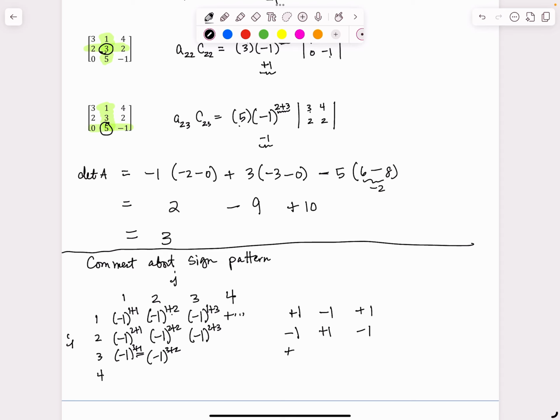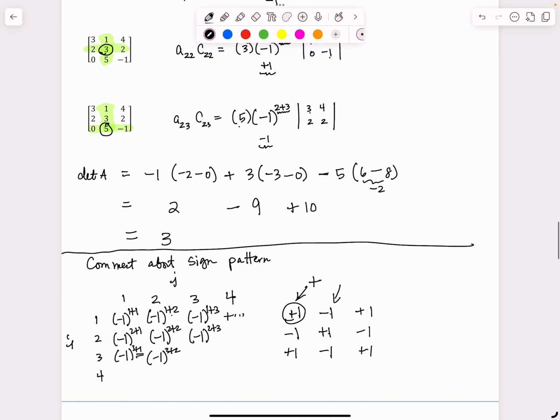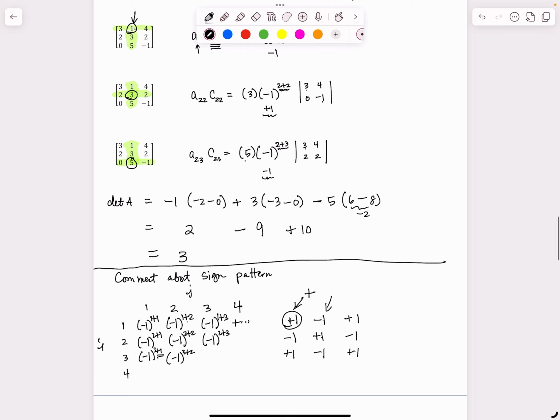So plus 1, minus 1, plus 1, minus 1. Do you see this top one is always a plus, and then it alternates plus, minus, plus? Now going down this column, you see this is minus, plus, minus. So if you pay attention to this alternating sign, when I did the first one, I had row 1, so I had plus 1, minus 1, plus 1. When I went down column 2, I did minus, plus, minus. If you keep that in mind, you can bypass having to do all of this work and just notice that sign pattern.